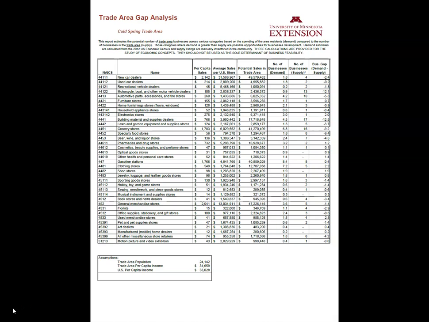That would give us the demand of about 1.6 stores. And when we went through and looked at the list of businesses within that trade area, we saw we had 4. So what that's telling us is that there's more supply of new car dealers than what the demand would tell us.